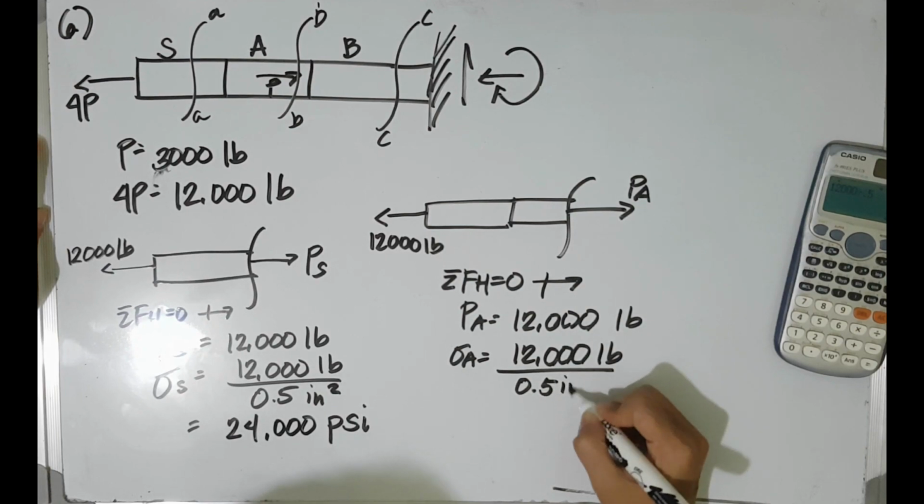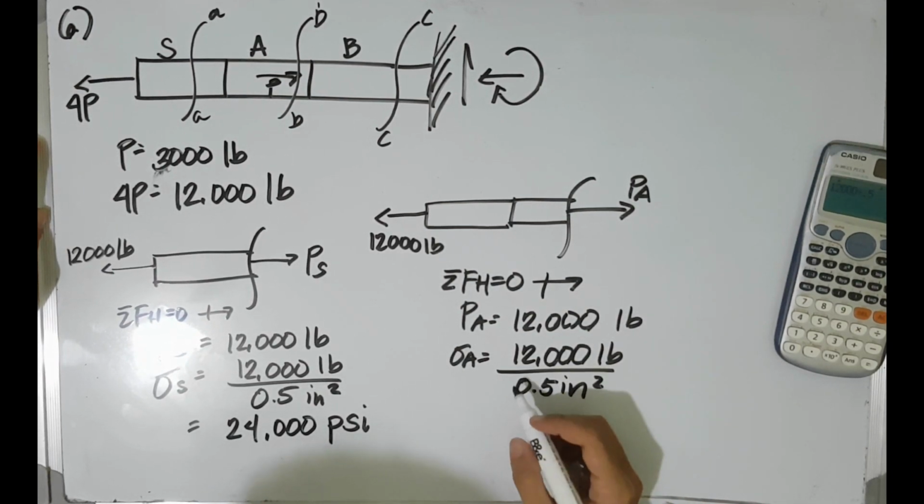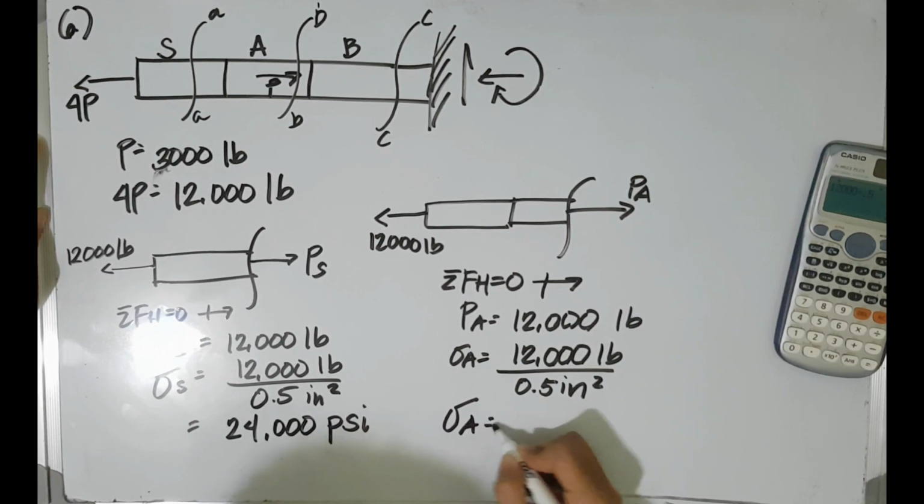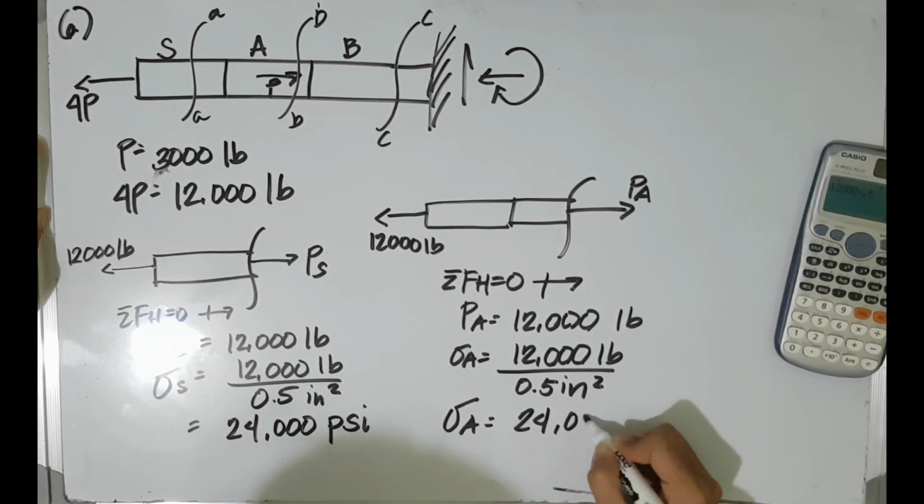Therefore, the stress at the aluminum section is equal to 24,000 pounds per inch square.